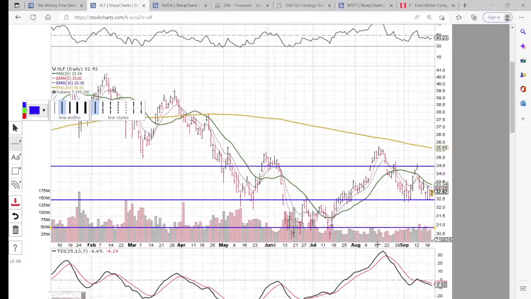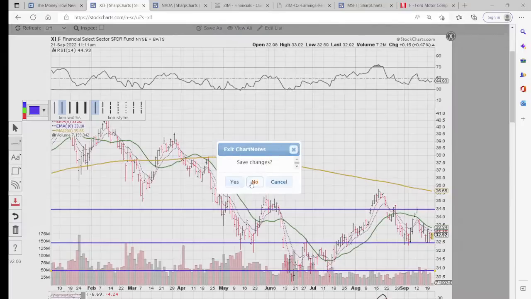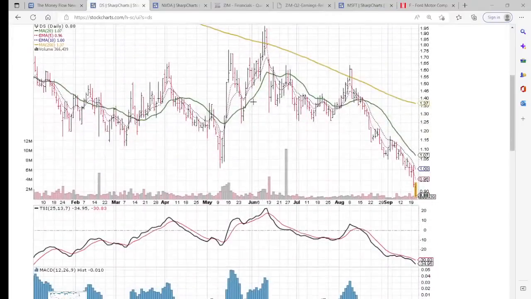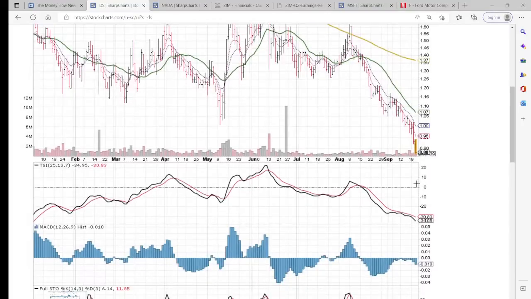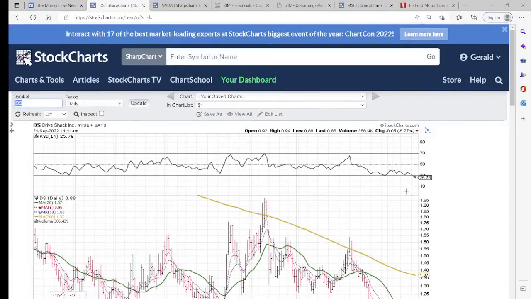DS is 88. Is it a risk of being removed from the exchange? It's possible. Penny stocks are always a risk. I don't think that happens, but it is in a straight free-for-all. I don't know. Might research that and get back to me and see what you think. I wouldn't think it's going to be delisted, but it does run that risk if it continues to go lower. I'm guessing there's some awful news out there.